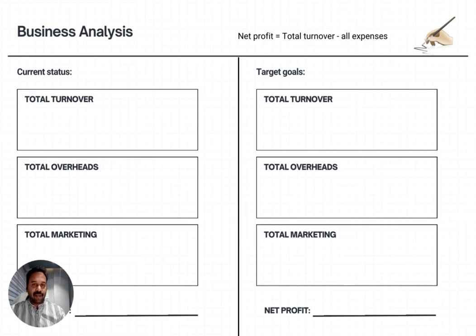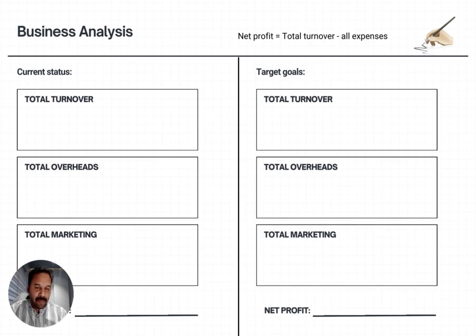Your net profit today will be total turnover minus your overheads minus your marketing expense. So that will be your net profit. Okay, and what is your target? You need to mention that also. It can be your 1 crore total turnover, and when you achieve that much, what will be your overheads and what will be your marketing expense.